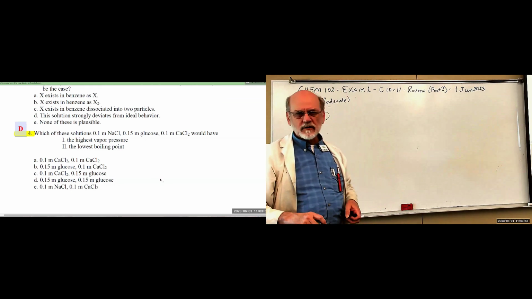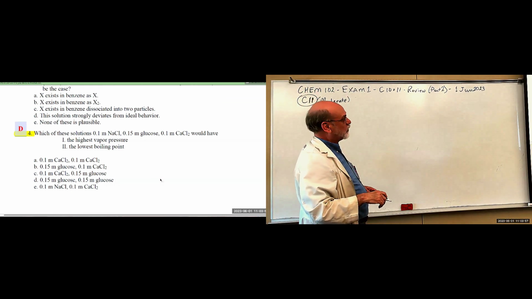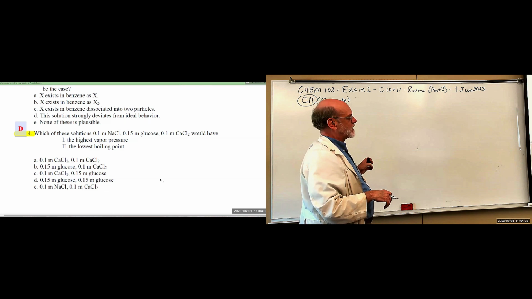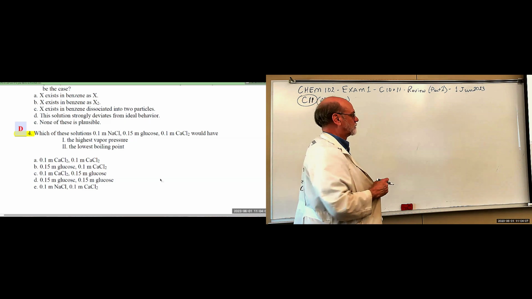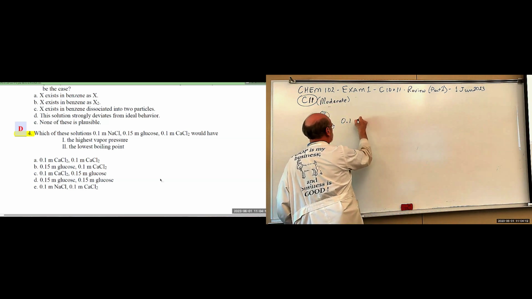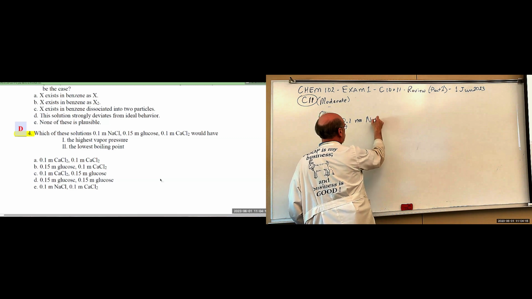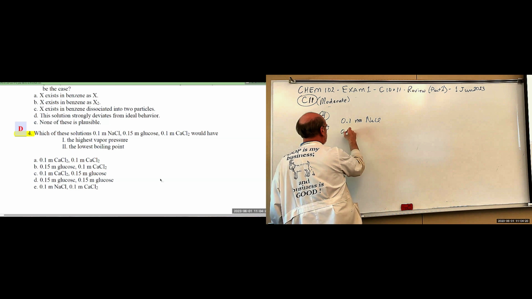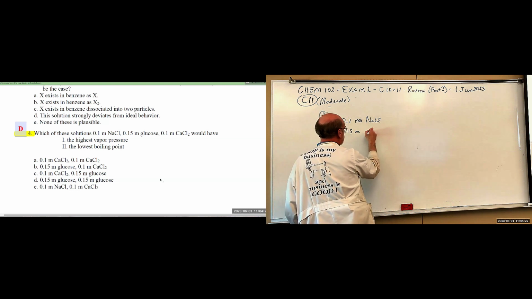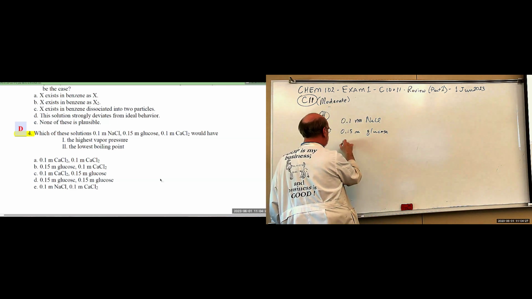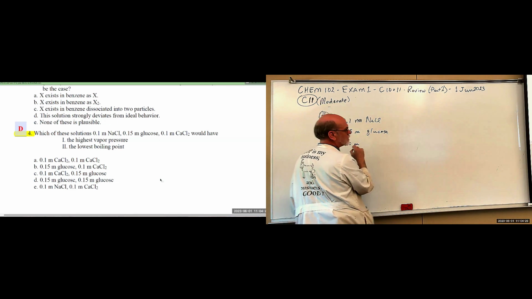Which of these solutions, 0.1 molal sodium chloride, 0.15 molal glucose, 0.1 molal calcium chloride, would have the highest vapor pressure, the lowest boiling point? Okay, so we've got 0.1 molal sodium chloride, 0.15 molal glucose, and 0.1 molal calcium chloride.